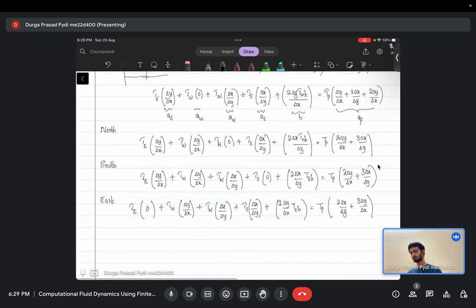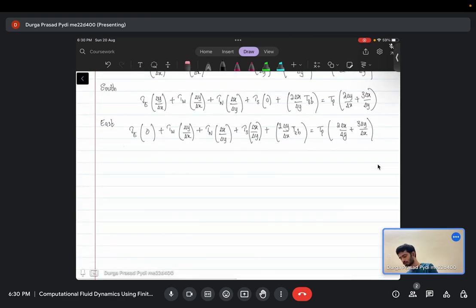Now when it comes to the boundary cells, because of the Dirichlet condition, the sigma A and B, maybe we'll check for the east face, just for one face. In this case, if you calculate the value of sigma A and B, which is A east plus west plus north plus south, that will essentially give you 2 times delta x by delta y plus delta y by delta x, which is strictly less than the value of AP.